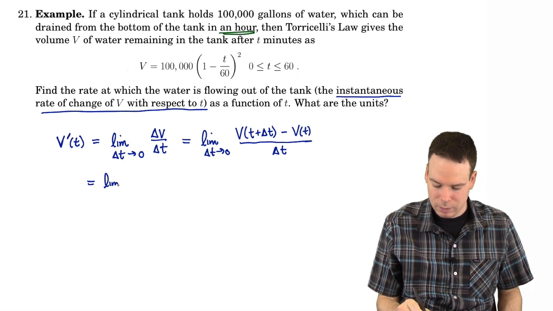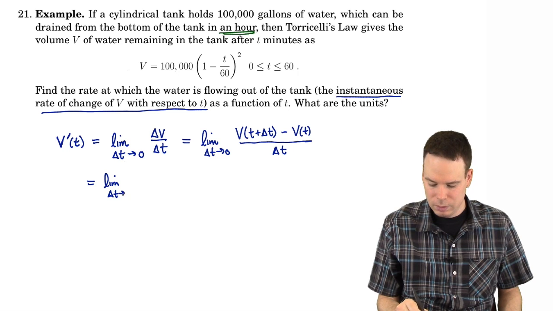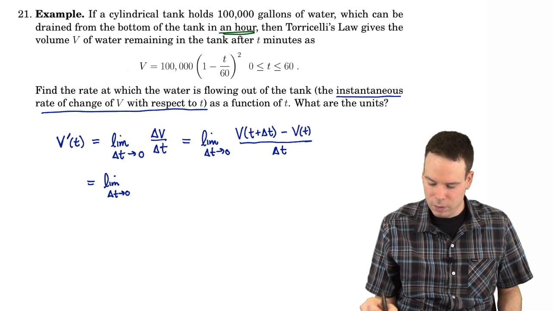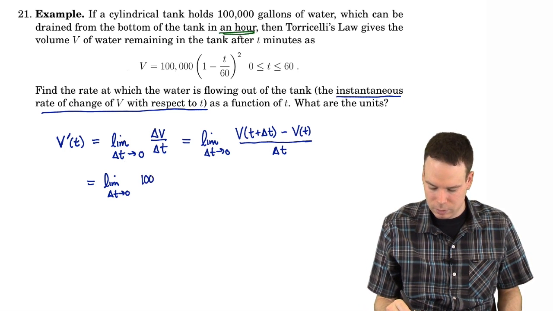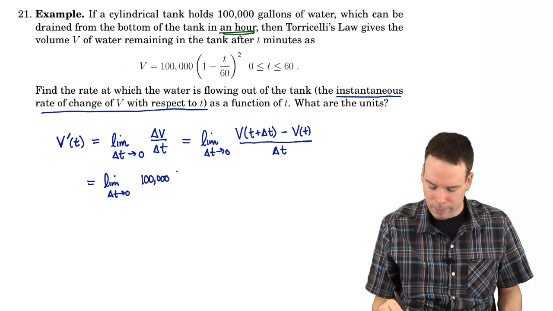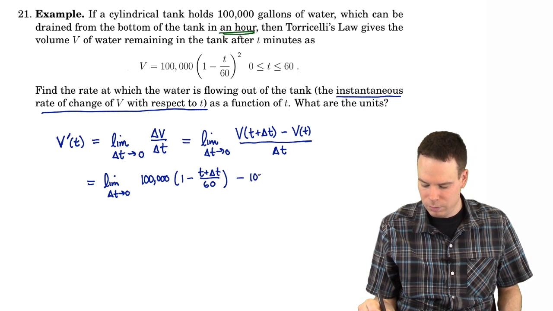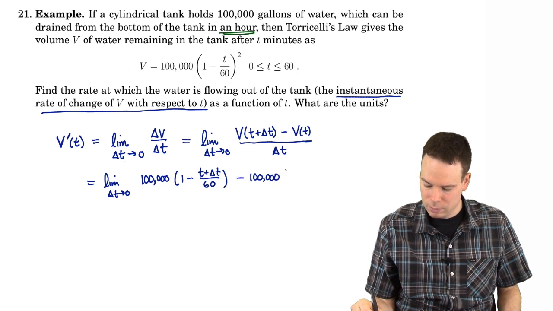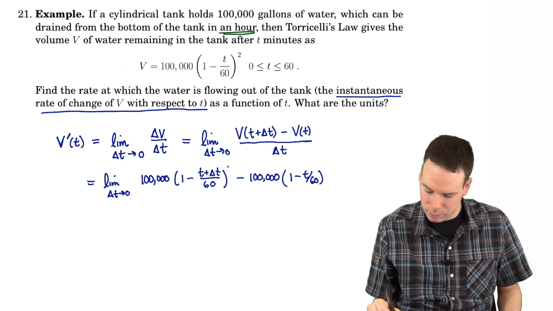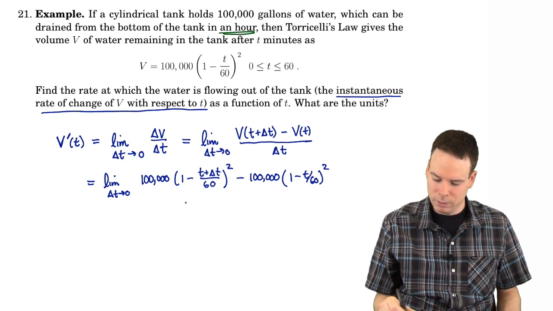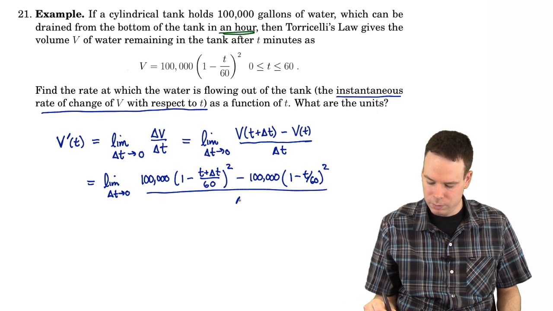So it's the limit as delta t goes to 0 of the volume, which is 100,000 times (1 minus (t plus delta t) over 60) minus 100,000 times (1 minus t over 60), oh, and there was a square here and a square here, all of that over delta t.